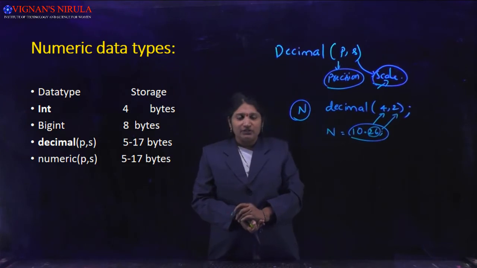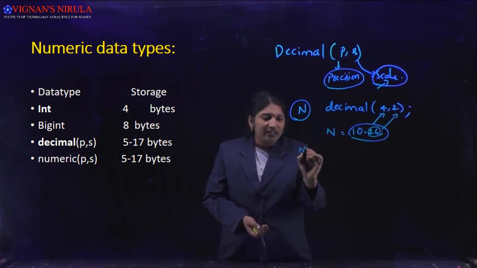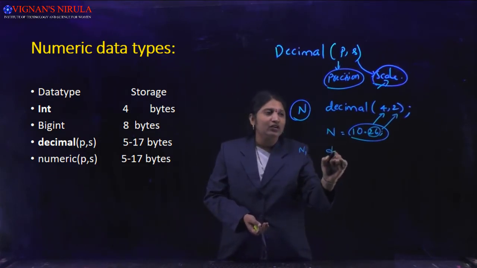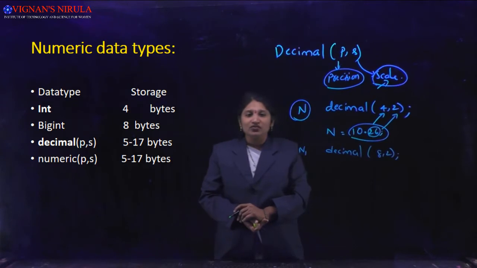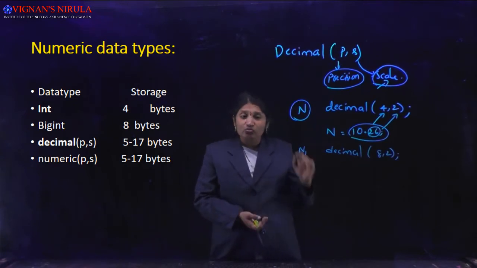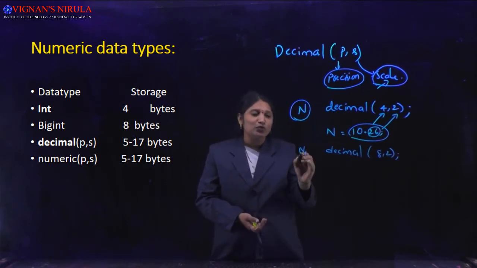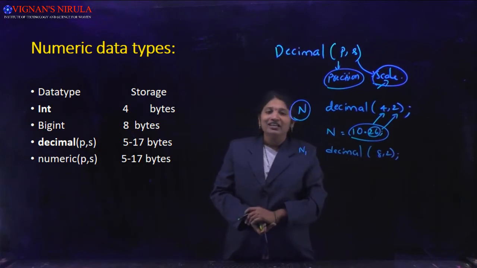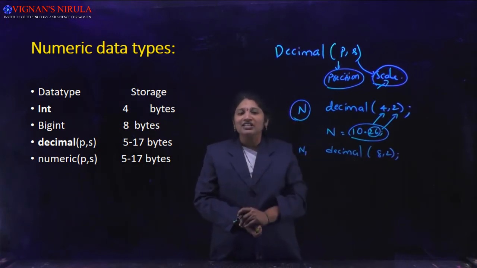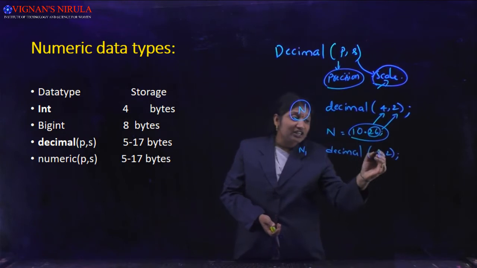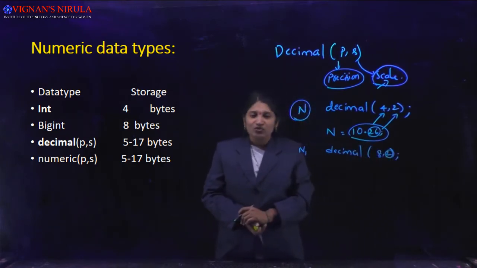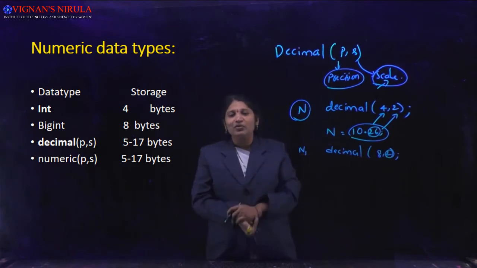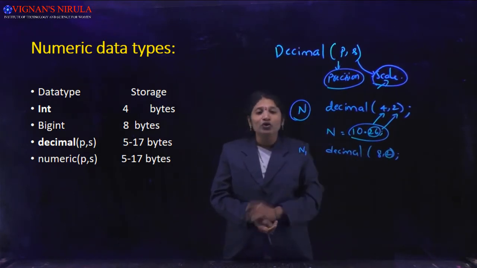Let me take another example, n1 of decimal of 8 comma 2. What is the meaning of this statement? The maximum number of digits I can use for n1 is 8, including the digits after the decimal point, and after the decimal point the allowed number of digits is only 2, so it will round off the digits after the decimal point up to 2 digits only.